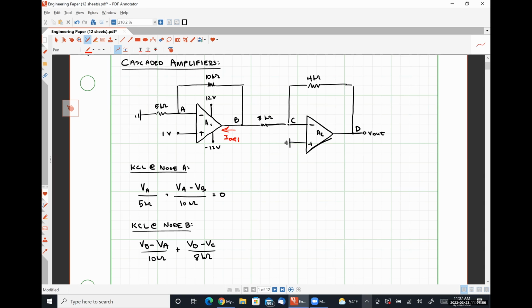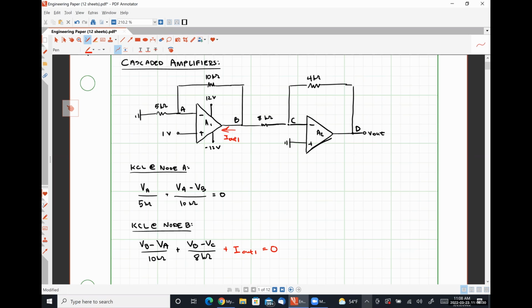I'm going to call it I out 1. It's flowing into or out of the output terminal of the op amp. And that current has no relationship whatsoever to any of the quantities listed in this circuit. Okay. So if we were to apply KCL fully, we would have to add that current I out 1 here and set this guy equal to 0.